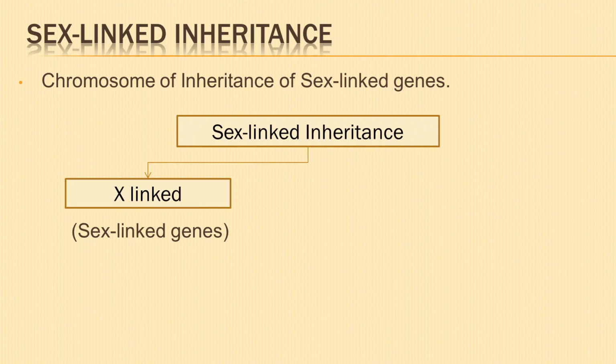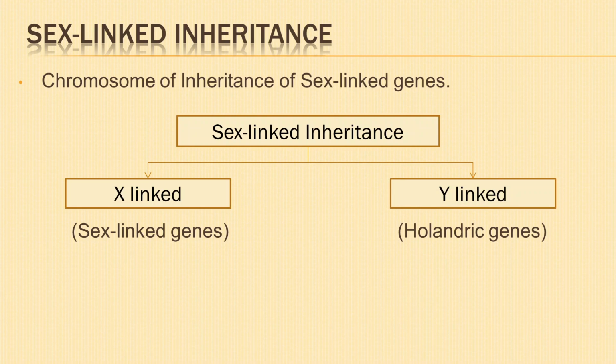In females, two recessive sex-linked genes are required for the expression of a sex-linked trait. In males, a single recessive gene can express itself. Examples of sex-linked diseases are hemophilia, color blindness, night blindness, etc.